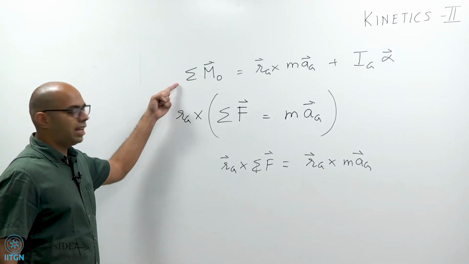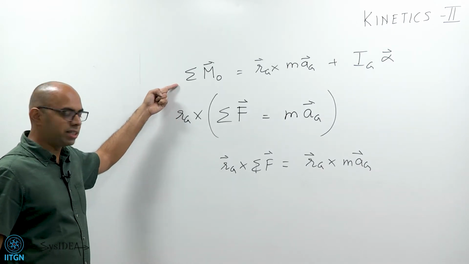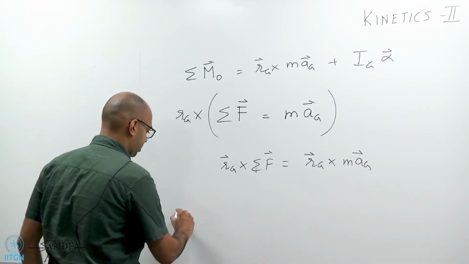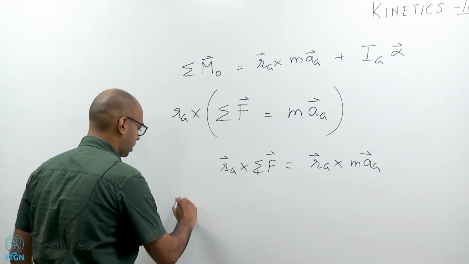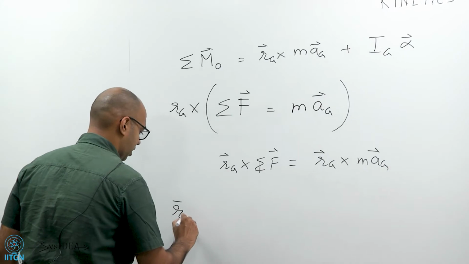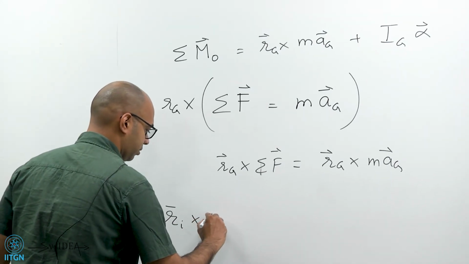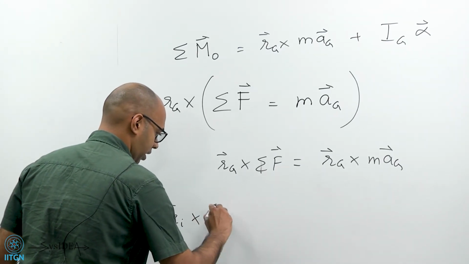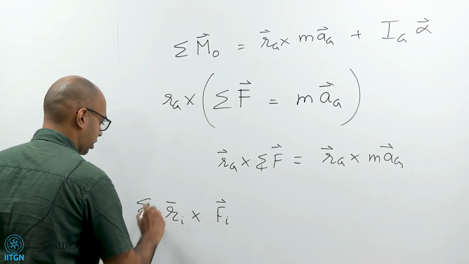And parallelly, let us break down this equation into two terms. If you remember, this is nothing but sum over i of Ri cross Fi.